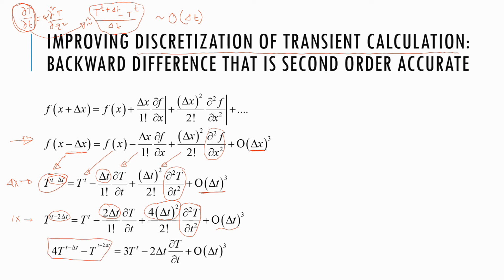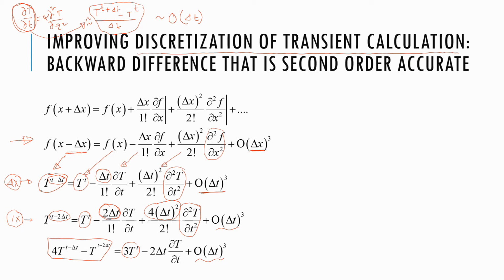So I take this one, multiply by 4 times, and then take this one and subtract, and then I get on the right hand side 4T minus T gives me 3T, and 4 delta t minus 4 delta t plus 2 delta t, because we are subtracting, we get minus 2 delta t, this thing, and then the rest of it is of the order of del t cube.